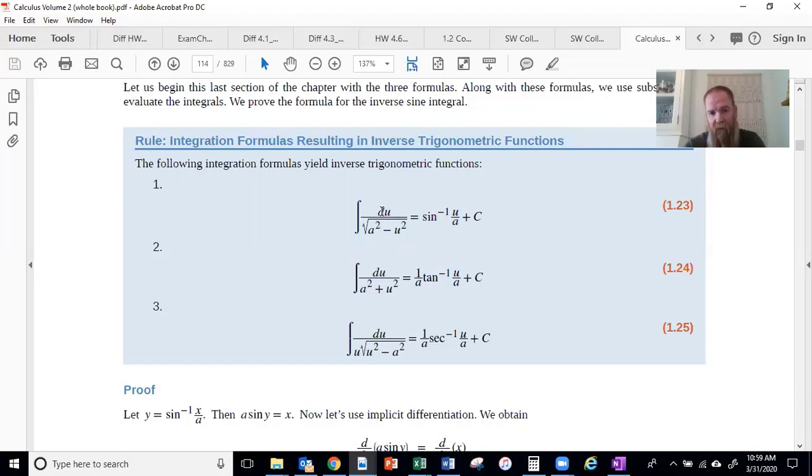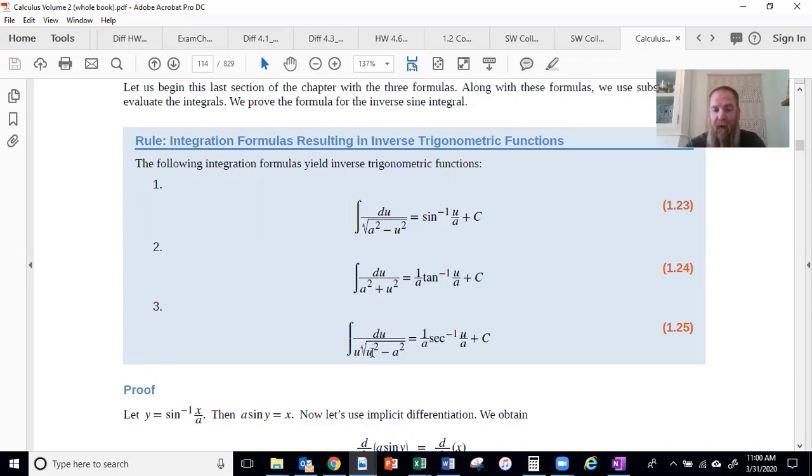So we have to recognize that anytime you see a denominator that has the square root of a constant minus a variable squared, you should recognize from our last section that it looks very similar to the derivative of sine inverse. When we see a constant plus a function squared in the denominator, that looks very similar to x squared plus 1, which resembles a tangent inverse function.